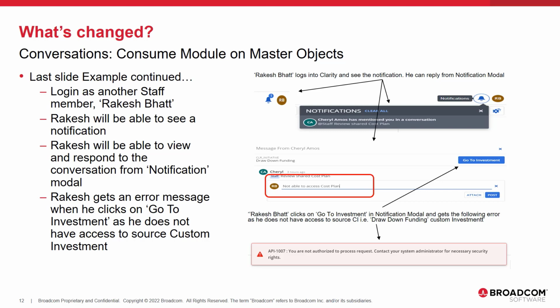Rakesh does not have access to business outcome custom investment, and when Rakesh clicks on Go to Investment, he gets an error: You are not authorized to process request. Contact your system administrator for necessary security rights.